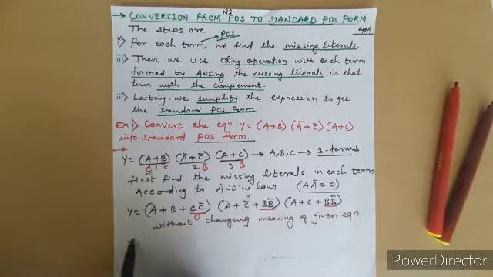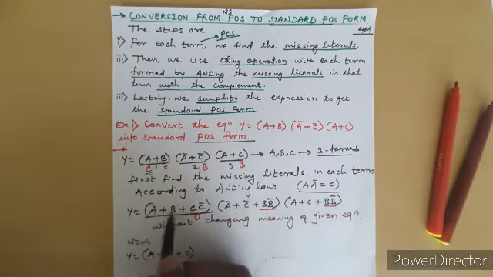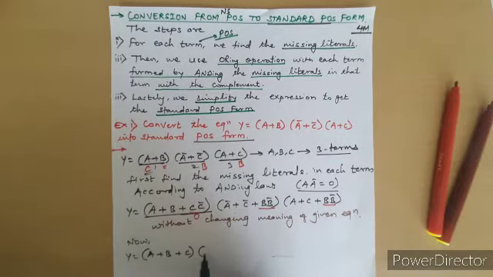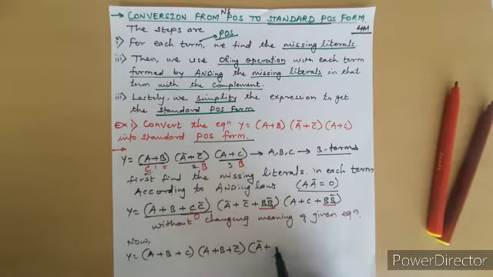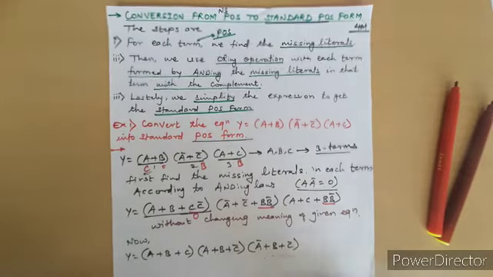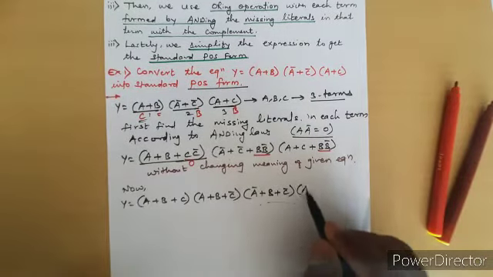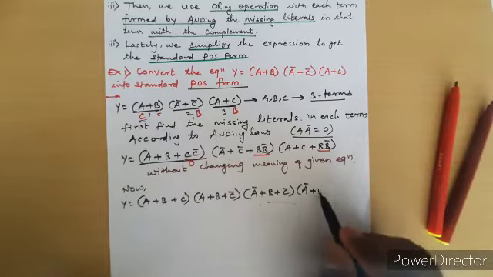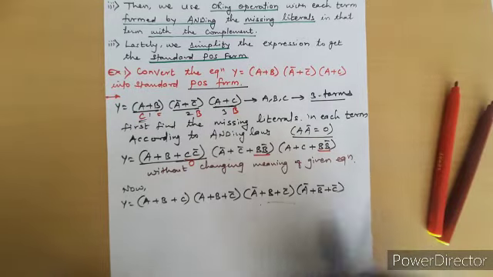Now Y equal to, just look at this term. I'll take (A plus B plus C), (A plus B plus C), and in another bracket I can take (A plus B plus C bar). Here I'll take (A bar plus B plus C bar) and (A bar plus B bar plus C bar).